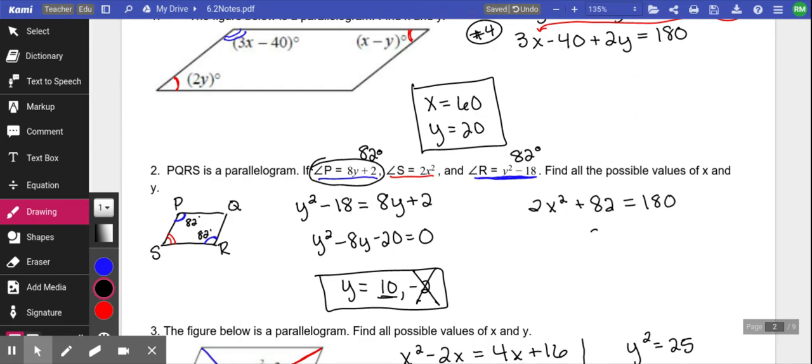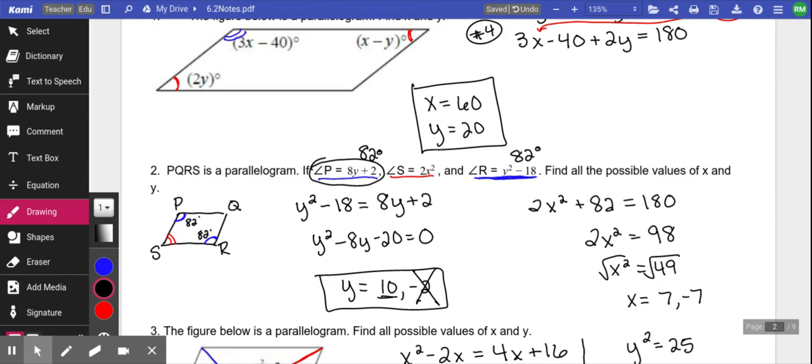Okay, so then we get 2x squared equals 98. Divide by 2 on both sides, we get x squared equals 49. Take the square root of both sides, we get x equals 7 and negative 7.